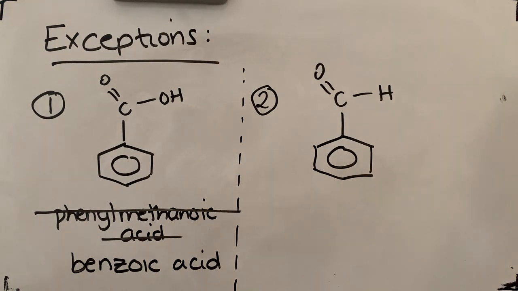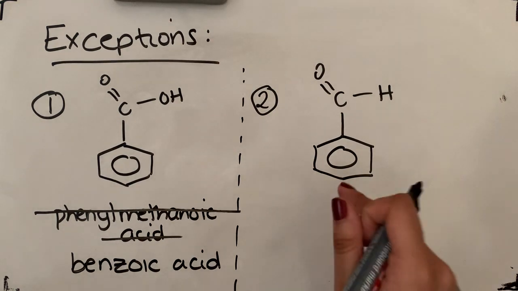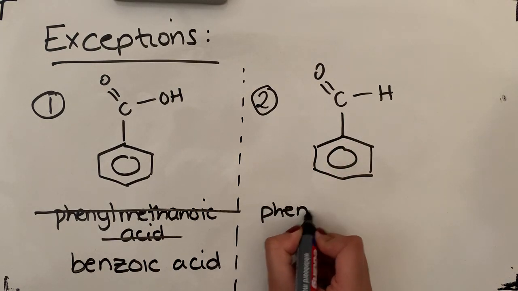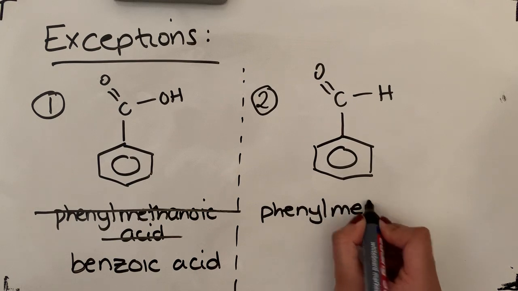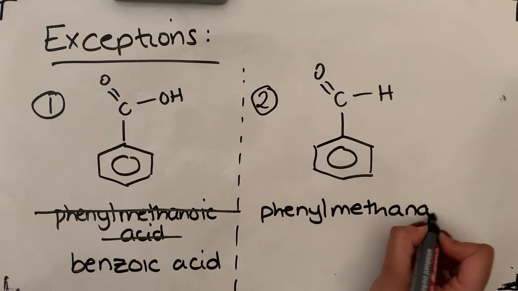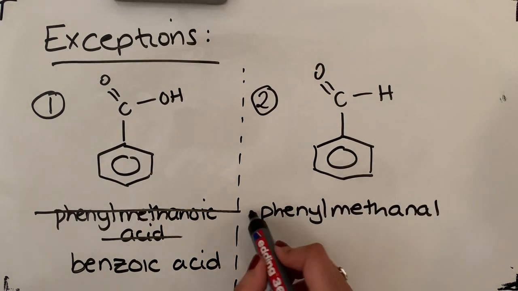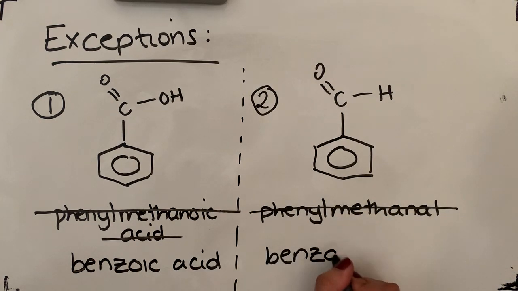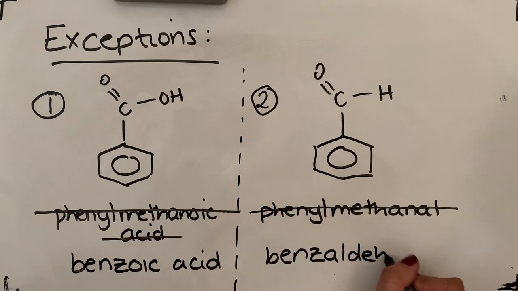So methanal being the parent compound, this being the substituent, you would assume it is called phenyl methanal. Truth is, it's not called that. We call this benzaldehyde. So again, a name you just need to memorize. It's an exception to the rules that I've taught you. So that's exceptions 1 and 2.